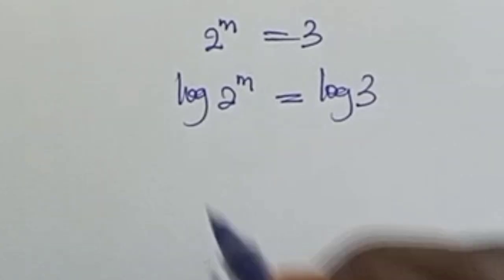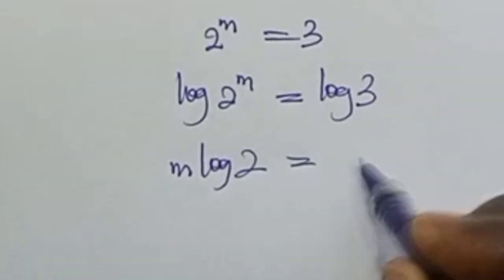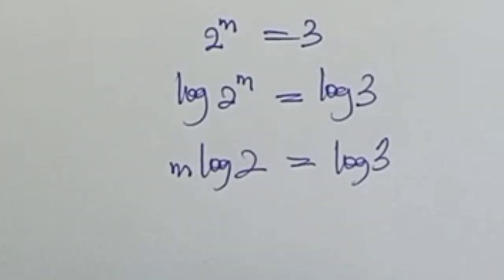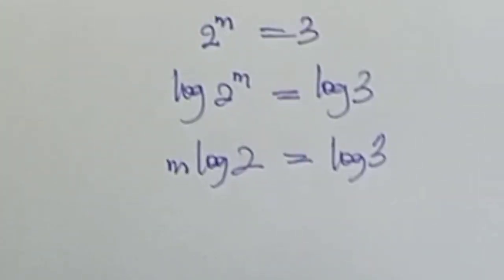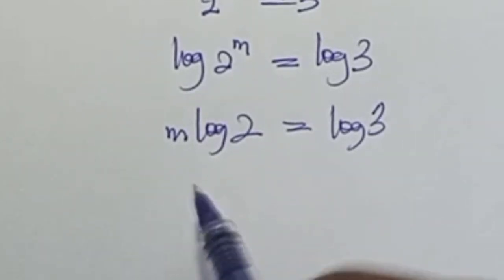So if we solve this, we're going to have m log 2 equal to log 3, since the power will come down to multiply the log. Here, we can divide by log 2 on both sides.